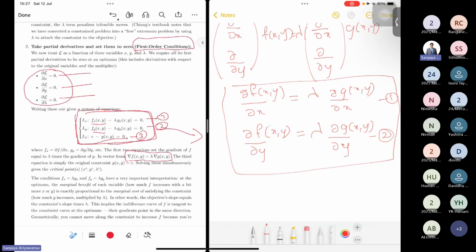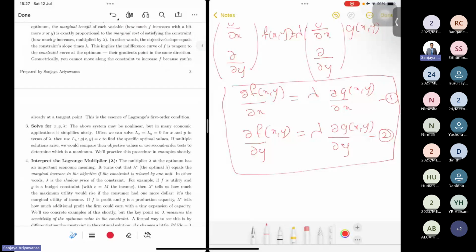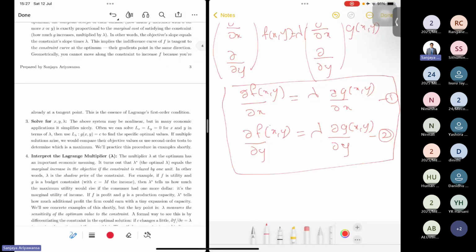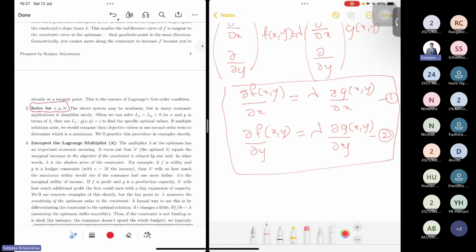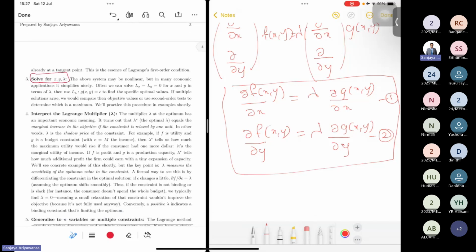And from those 3 equations, you have 3 equations and 3 unknowns. You solve for x, y, and lambda, right? And that's the third step. You solve for x, y, and lambda. And when you find the x, y, and lambda, there's an interpretation for your lambda.